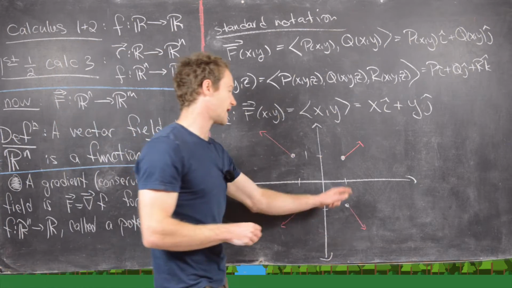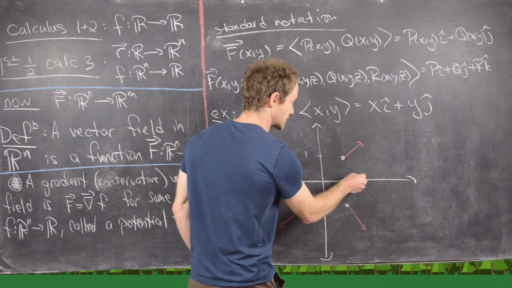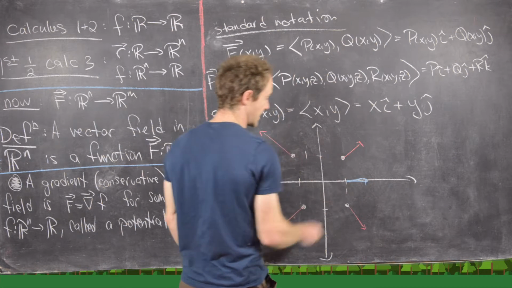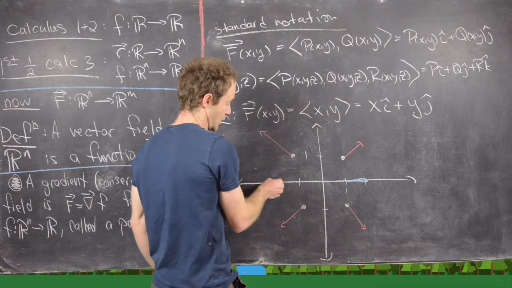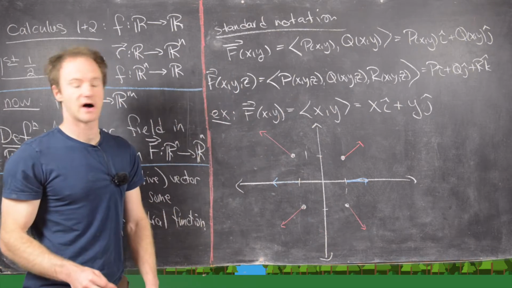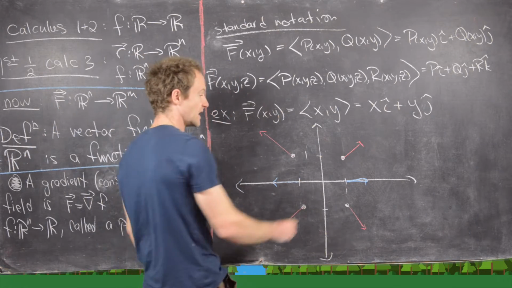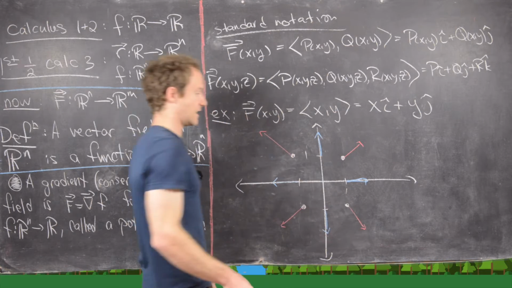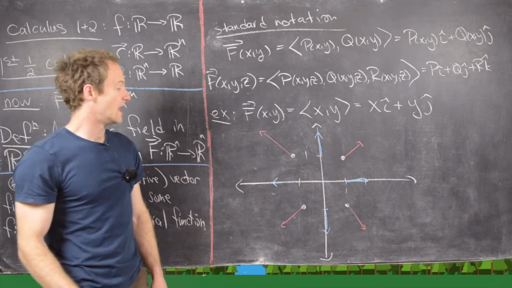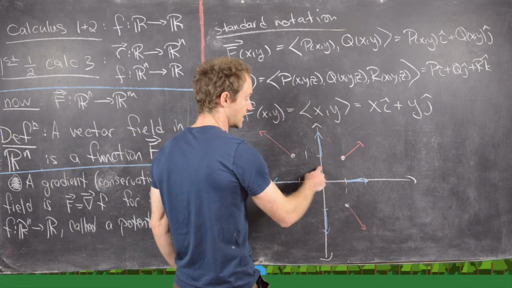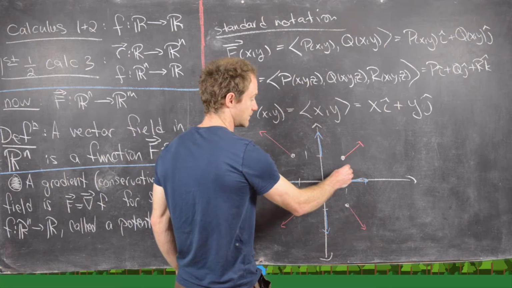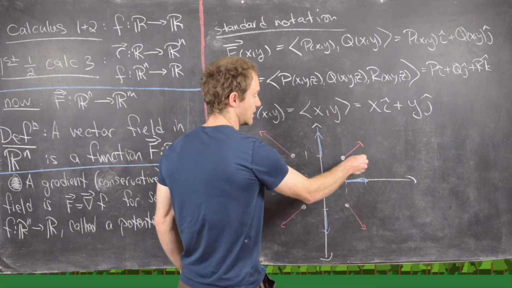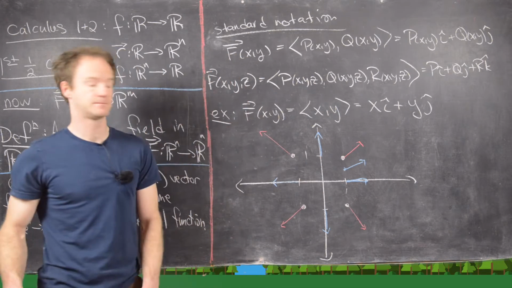So notice along the x-axis, we'll just have a vector pointing straight along the x-axis to the right or to the left, depending on if we're in positive or negative values of x. Here we'll have vectors pointing up or down. Okay, great. And then notice maybe here at 1, 1/2, we're going to be pointing in that direction.